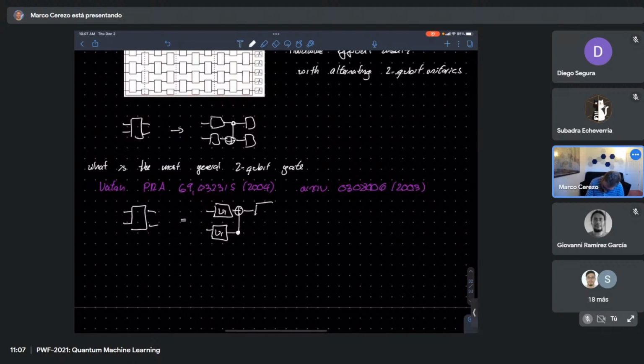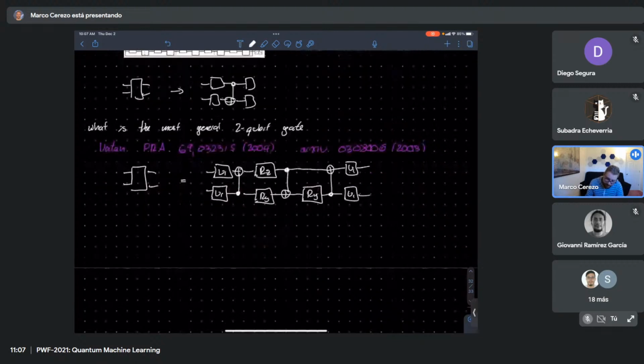Then we have a rotation about Z, rotation about Y. Then we have a CNOT going down. Here we have rotation around Y. The CNOT now going up. And here we have U1, U1.